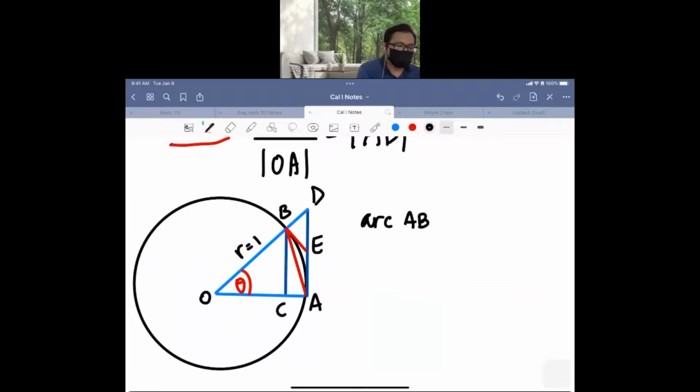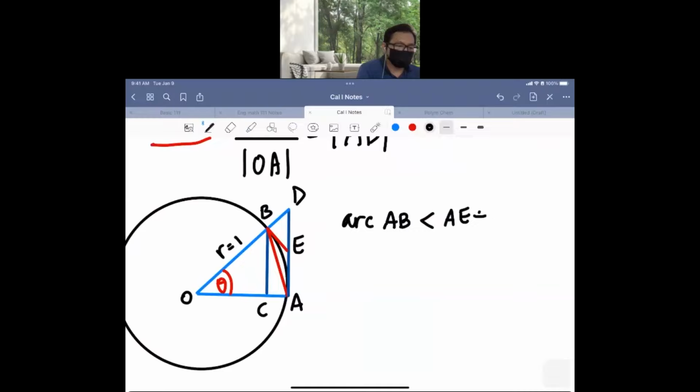Consider the arc AB, and if you see from the picture and proof in our geometry, the arc AB will be less than AE plus EB. Of course, the arc AB will be less.